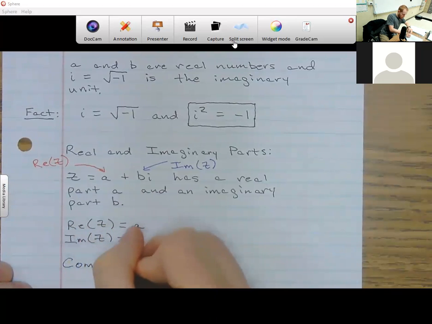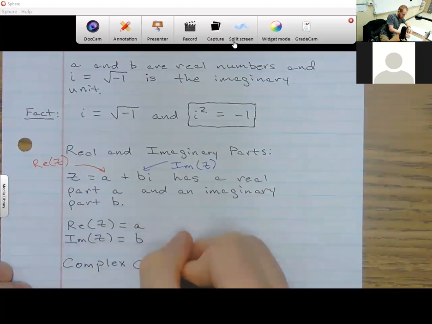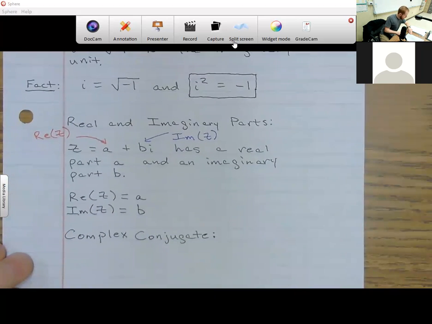Okay, we're going to move on to complex conjugate. So what is a complex conjugate? We will learn that now.